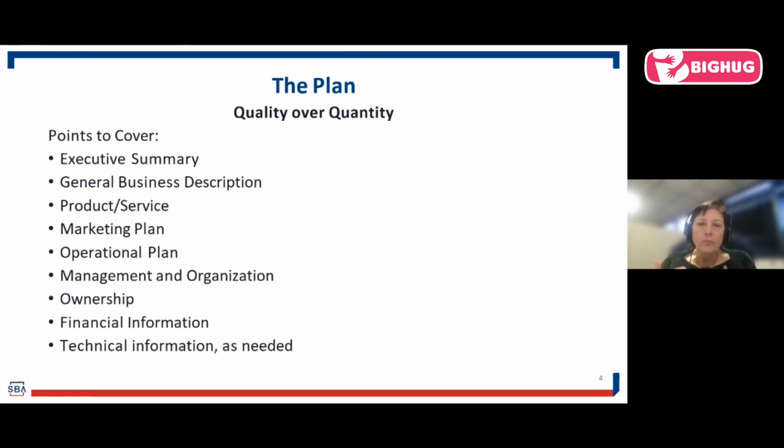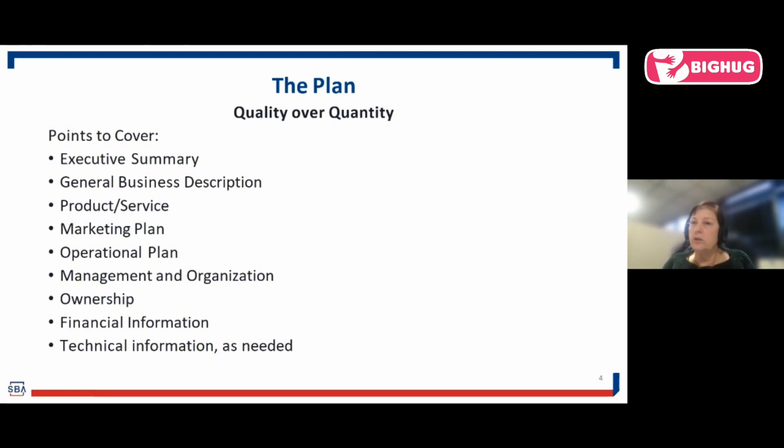And you're going to talk about the elements that come together to really make your business work. So if you need to have a production line, staffing for that, these are all the basic elements of what you're going to talk about in your general business description.